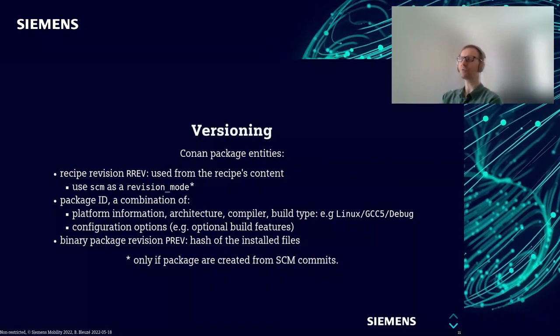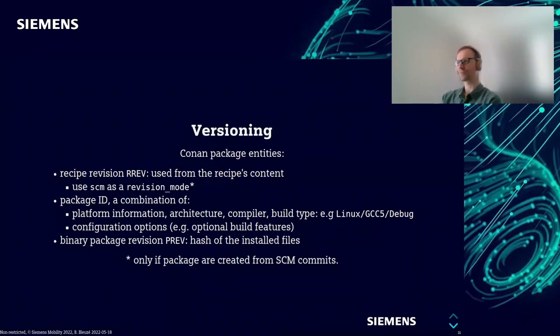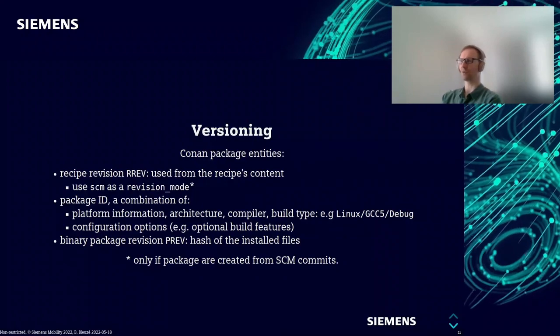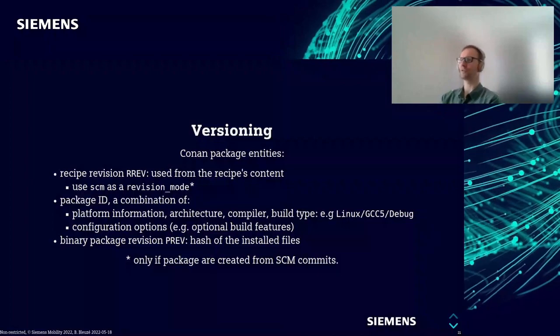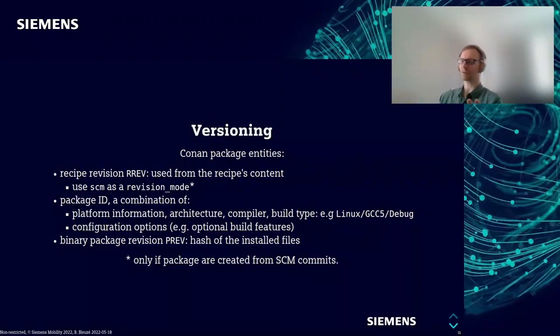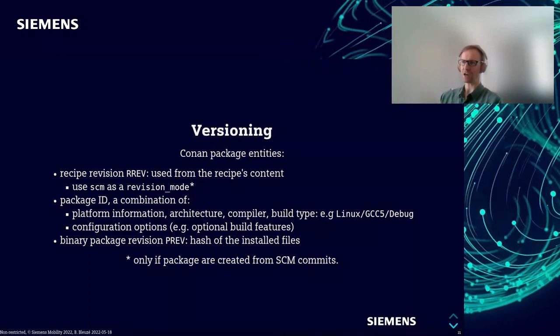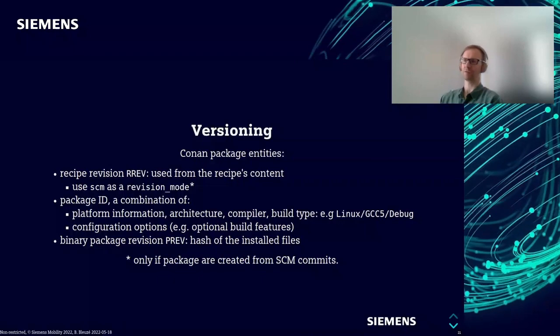We have 3 different types of revisions or identifiers, let's say, for a package. First, we have the recipe revision, or what they call the rrev, for recipe revision. Very creative.